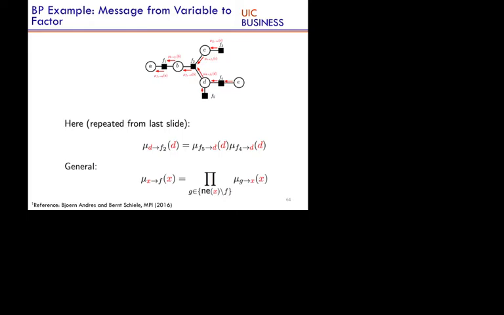So every variable node is connected to some factors, right? Maybe one factor, maybe more than one factor. I want to send a message to one factor, so I'll pick that factor and keep the other factors on the side. And whatever messages these other factors send me, I'm just going to compute a product and send it to this one factor. Okay.